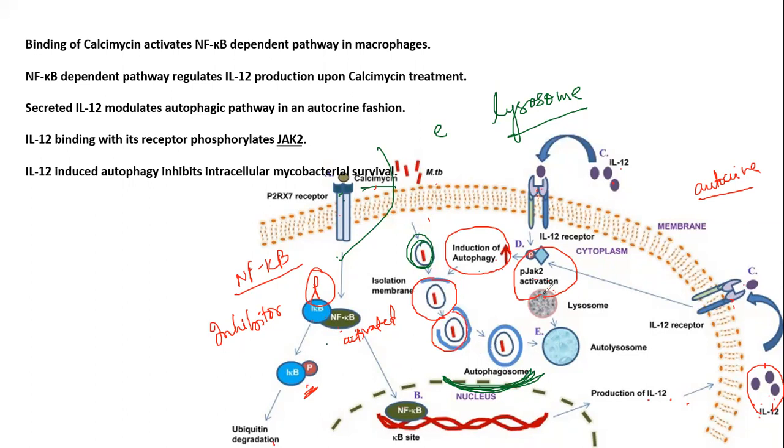Then it fuses with the lysosome, resulting in the formation of the autolysosome. Now, what is happening? In the autolysosome, you have certain enzymes which kill the Mycobacterium tuberculosis.